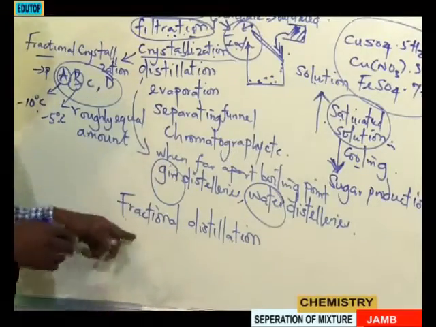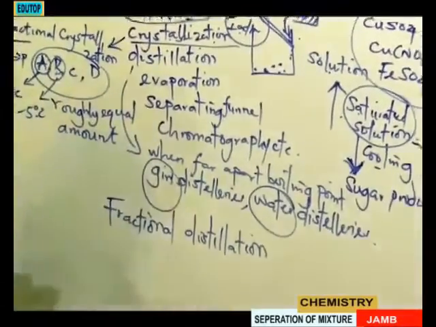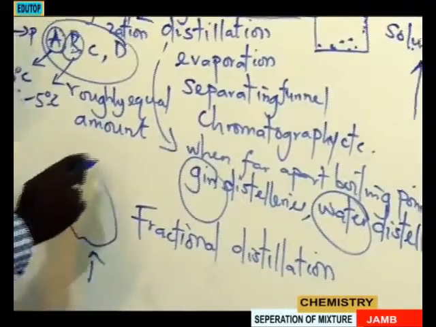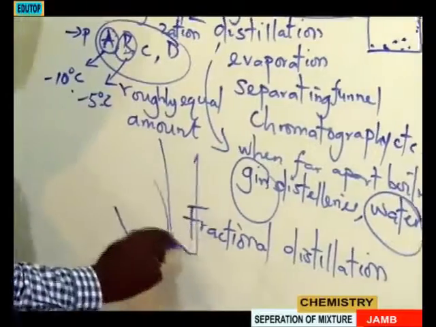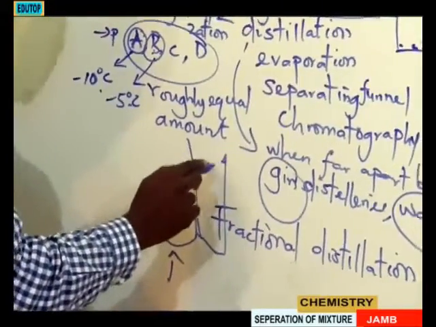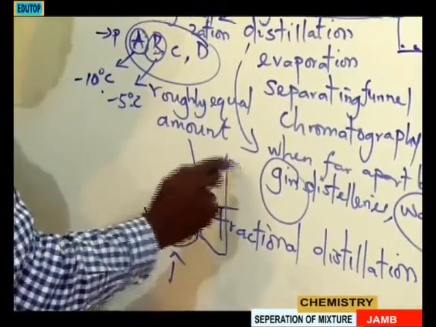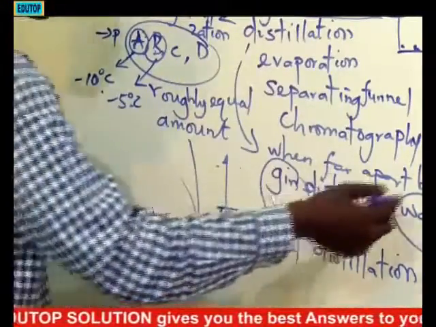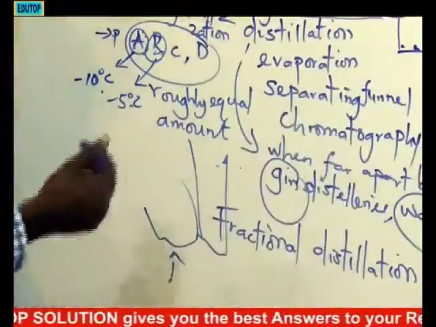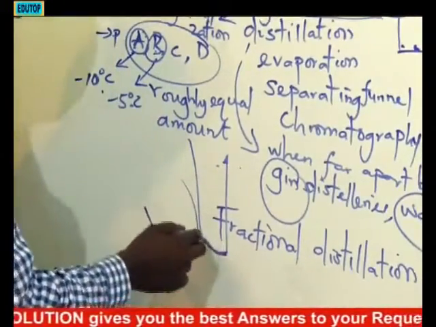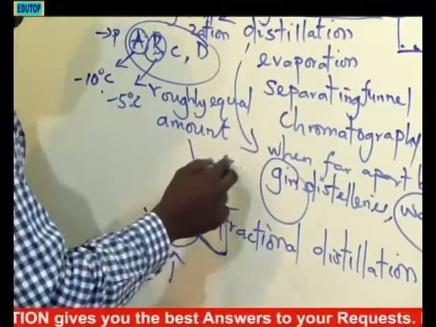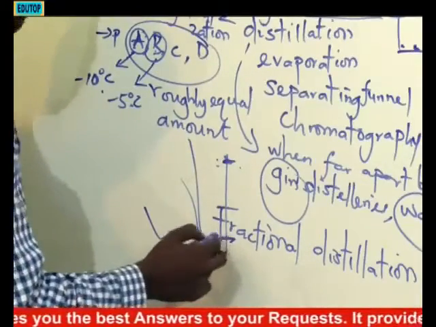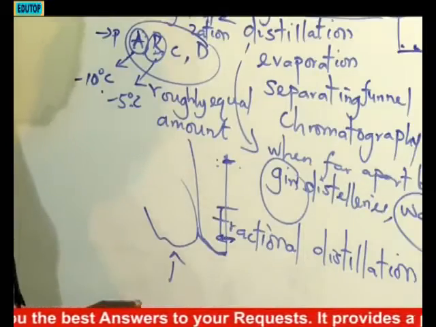The mode of separation is when you heat a solution, and in that fractionating column the upper part has a lower temperature, because this process separates mixtures on the basis of their boiling point, while the lower part has a higher temperature.